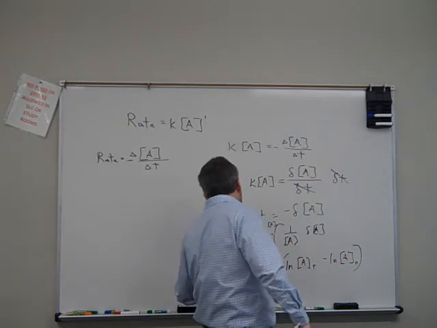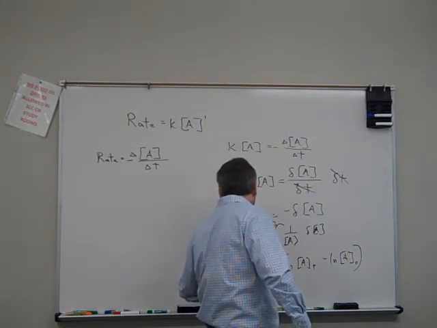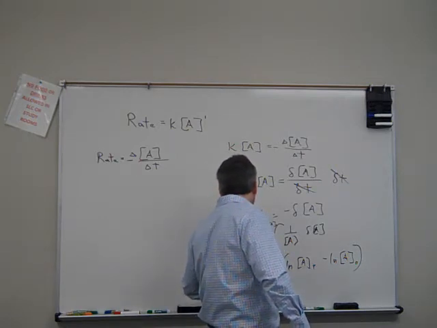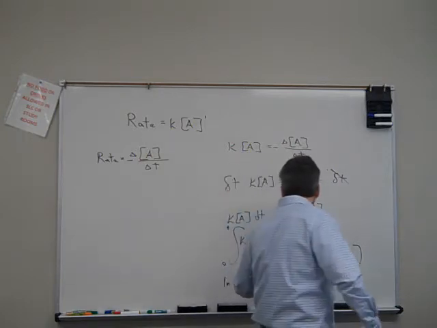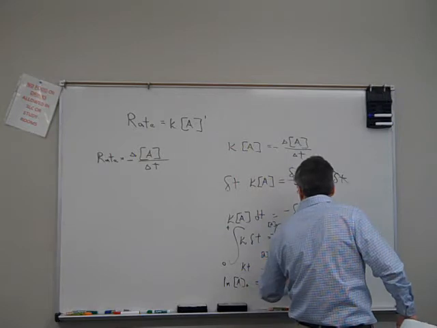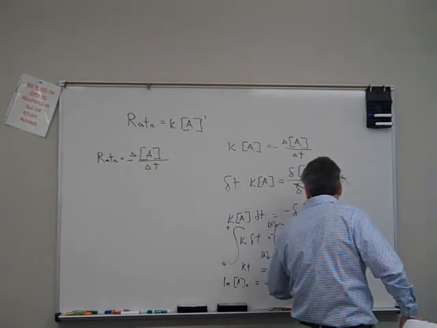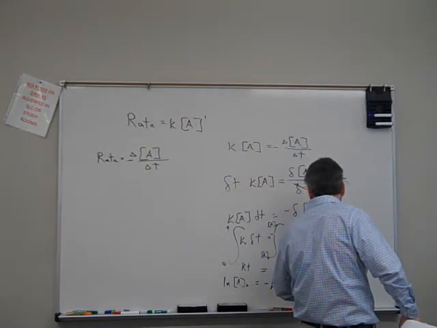Rearranging this a little bit, you get your first order integrated rate law, which is the ln of A at time t is equal to negative kt plus the ln of A initial.